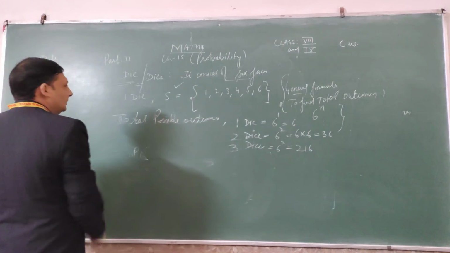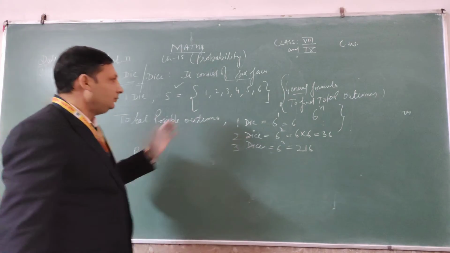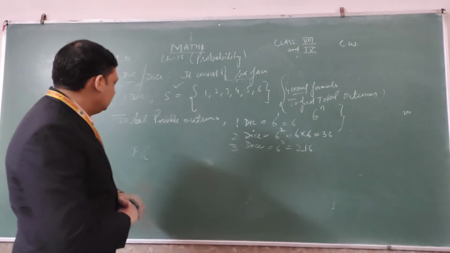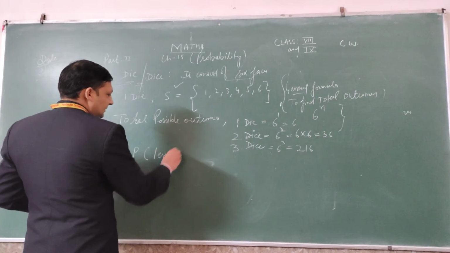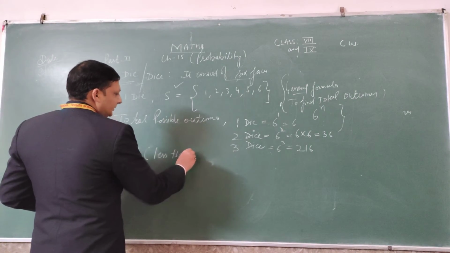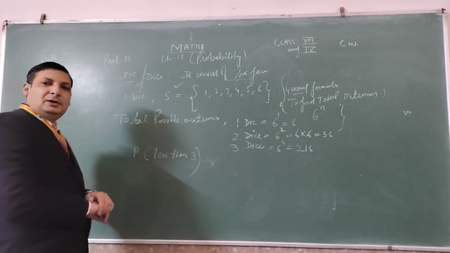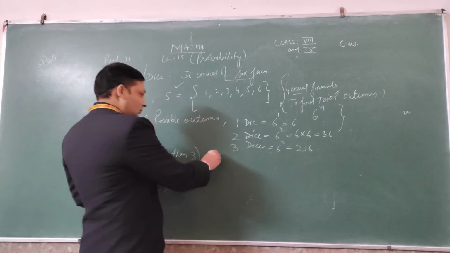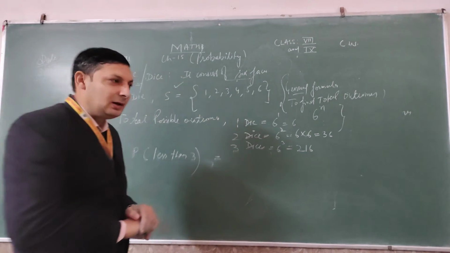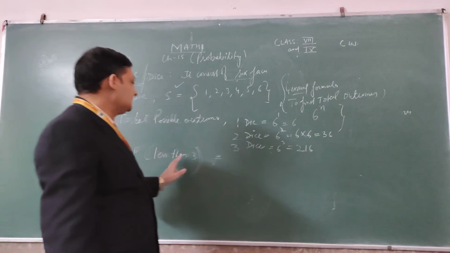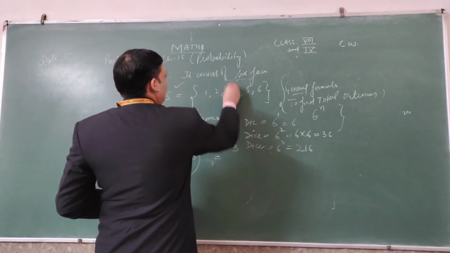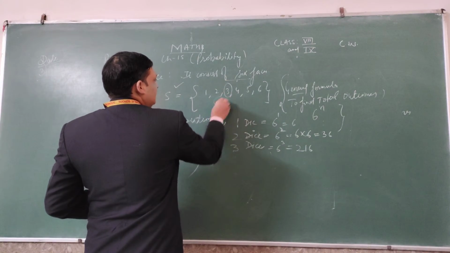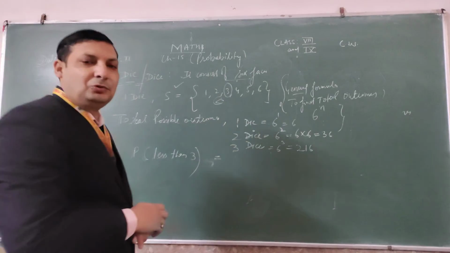We have to find the probability of less than 3. So dear students, what I have spoken is probability of less than 3. Which number have I taken? 3. Less than 3 means we have to take numbers less than 3.